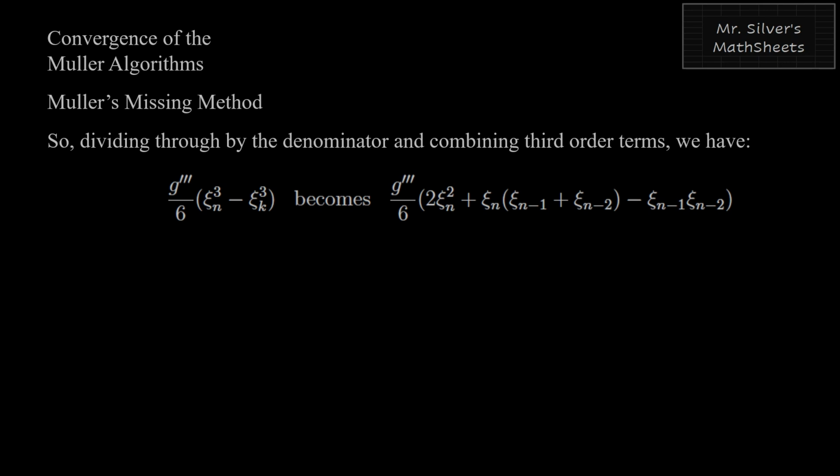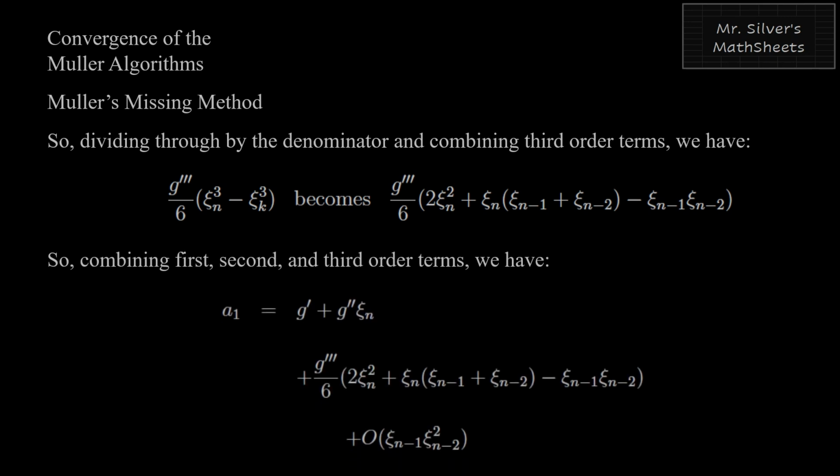We get this nice expression for the third order terms. Combining the first, second, and third order terms, we get this expression. Now we can use this to plug in our formula for xn plus 1.